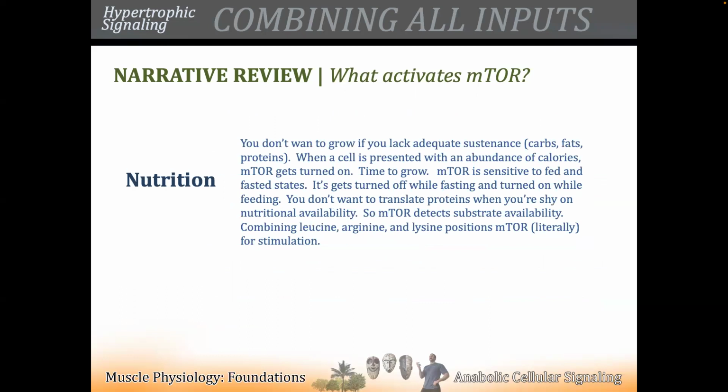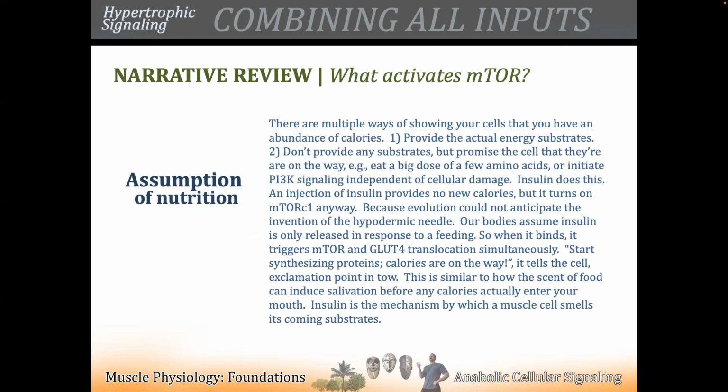But growing during a food shortage, right? That's not wise because mTOR activity is extremely expensive metabolically. It's best to conserve calories when you have none to eat. So in the absence of nutrition, mTOR is unresponsive to growth signals. But cells can be tricked into thinking nutrition is more abundant than it is.